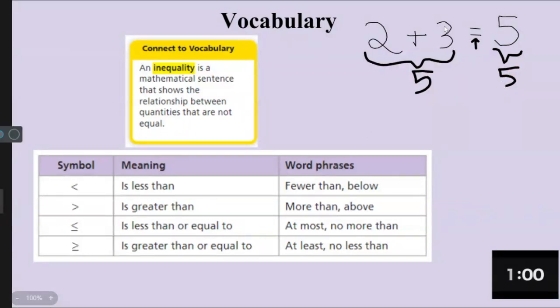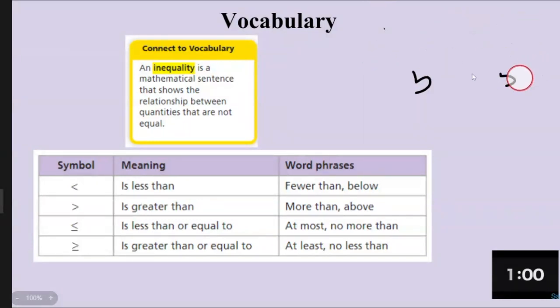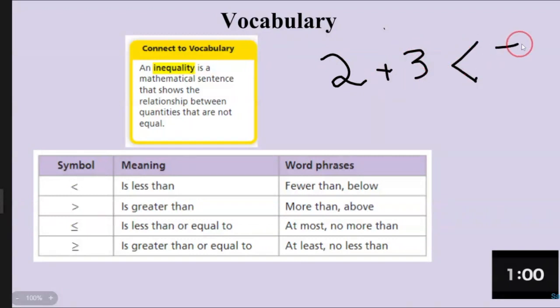Now, with an inequality, the difference is that we're showing the relationship between quantities that are not equal. For example, if we use constants, we can have 2 plus 3 is less than 7.